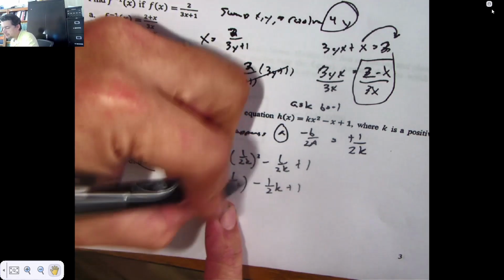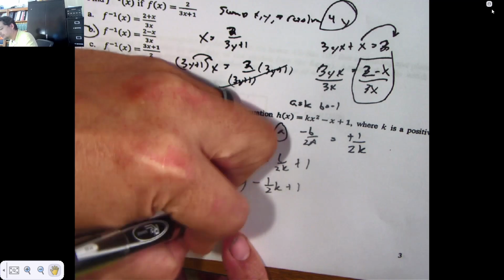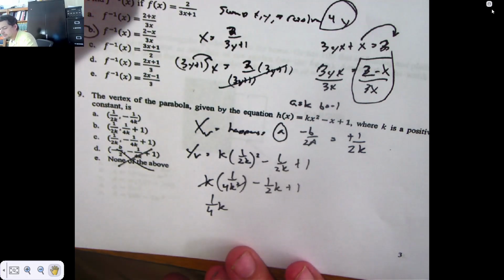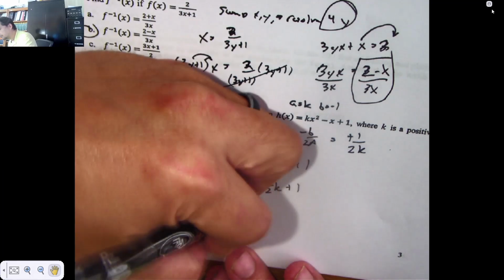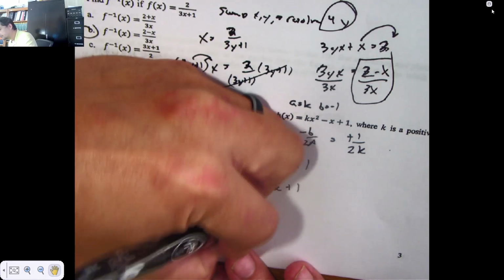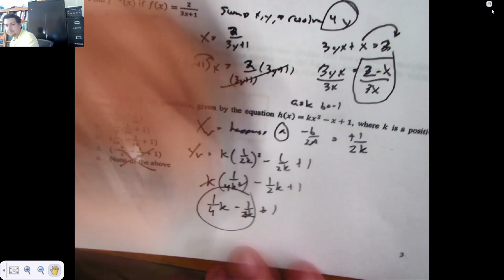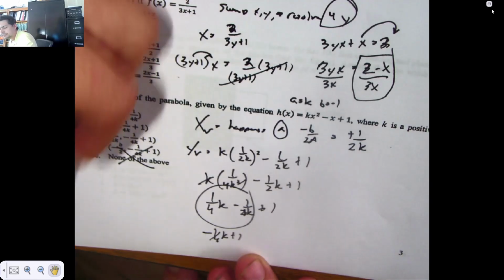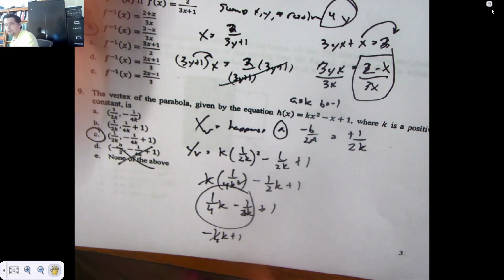The k's cancel to some degree. So 1 over 4k, minus a half of a k plus a 1. And those two can be put together and you get negative 1/4 of k plus a 1. Choice C.